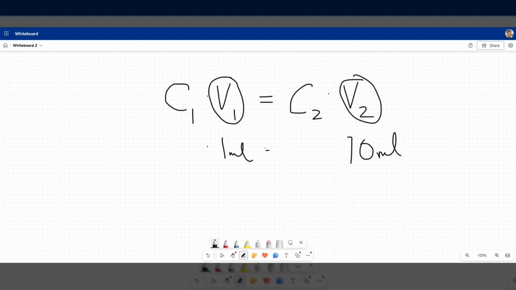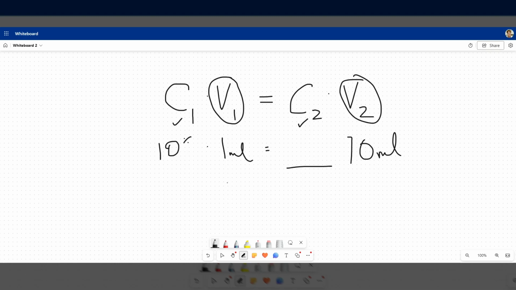And sometimes they'll also give you either the concentration of the stock solution or the concentration of the final solution. So let's say you have a 10% stock solution of some solute. They have to tell you 3 out of these 4 variables, and they're going to ask you to solve for the other variable.